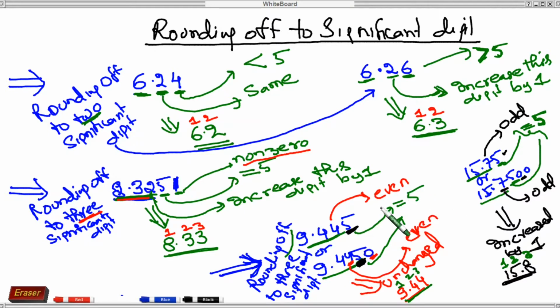Here we have two scenarios: we check the previous digit also, whether it is even or odd. If it's even, there will be no change, and if it is odd, it will be increased by 1. Okay, so in this way we can round off to the required significant digits. If we are told to round a value up to two or three significant digits, this is the way we are going to solve it.